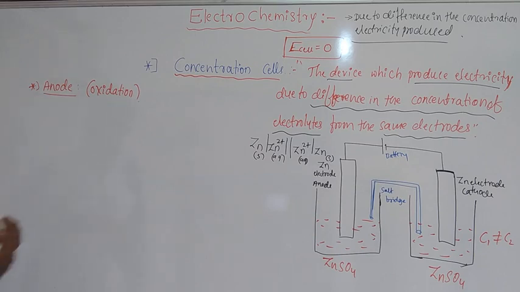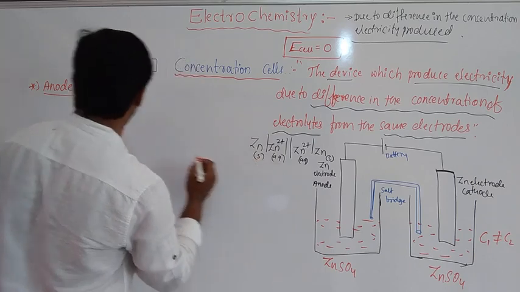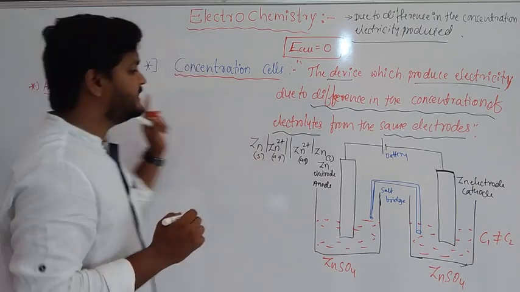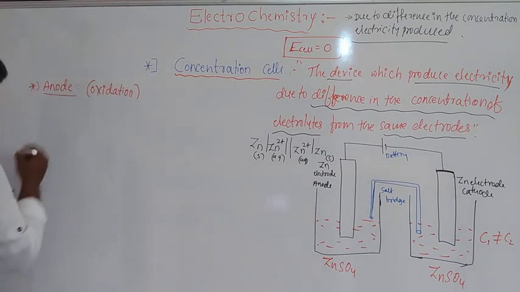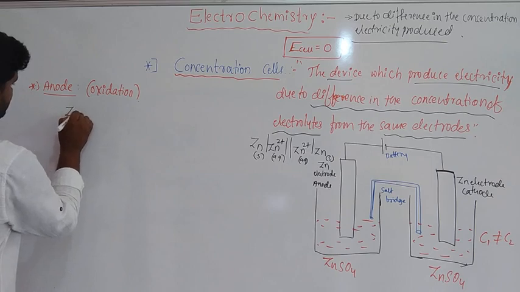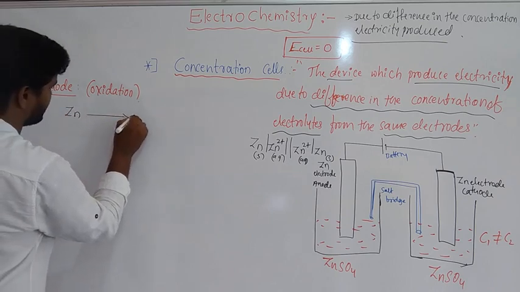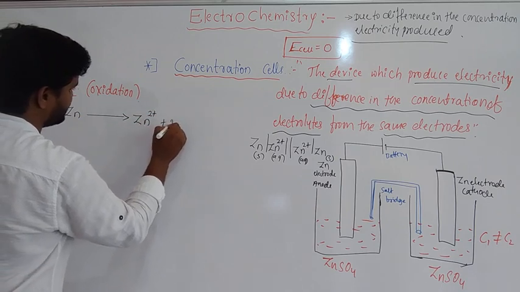Here I am going to write the anodic reaction, that is zinc becomes Zn2+. In the anode oxidation takes place, and in the cathode reduction takes place. At the anode, zinc loses 2 electrons and becomes Zn2+ ion.